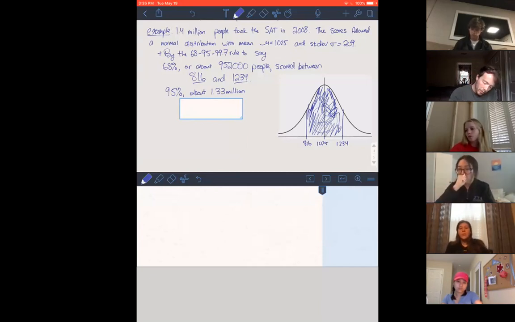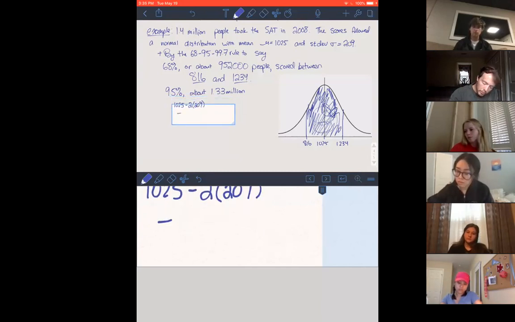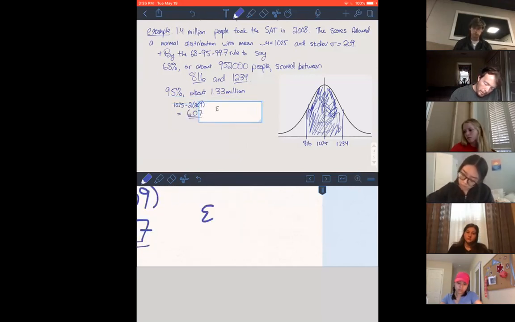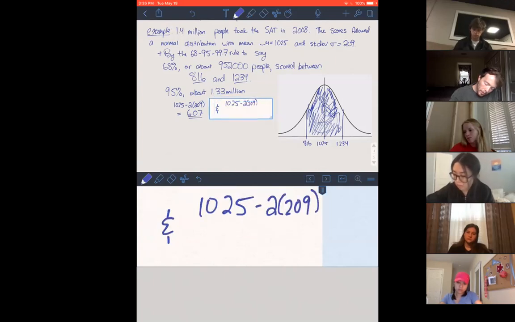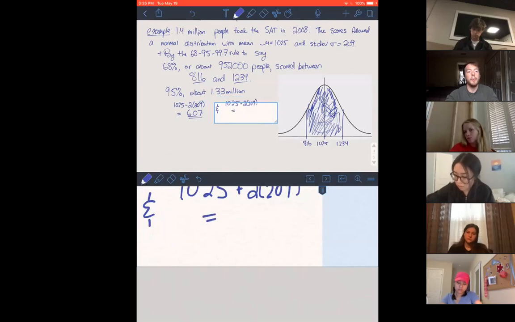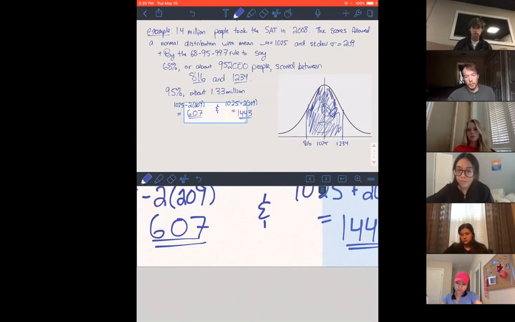So the lower value is 1025 minus 2 times 209, which is equal to 607. And 1025 plus 2 times 209, excuse me, which is equal to 1443. All right, so about 95% of people scored between these two scores.